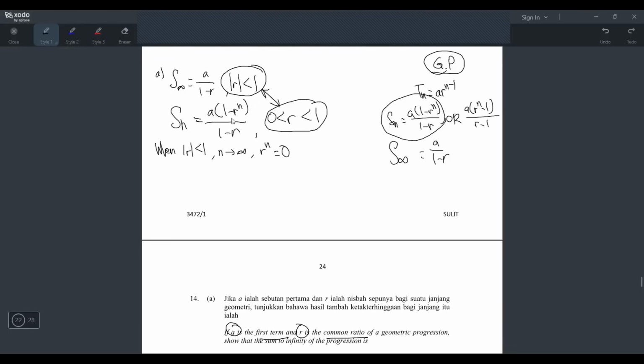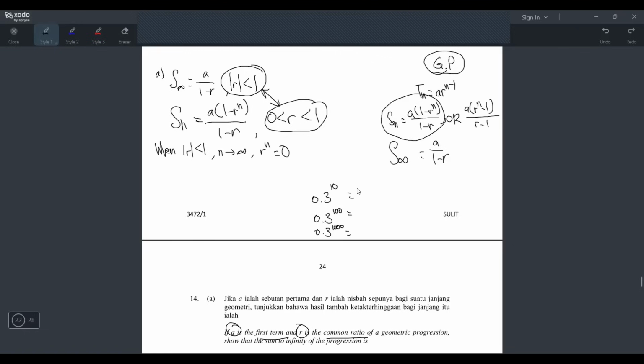I repeat one more time: when r is a 0 point something value and you raise it to a very big power, you will get 0. You can try with your calculator. Let's say 0.3, and then you press power 10, then 0.3 power 100, then 0.3 power 1000.